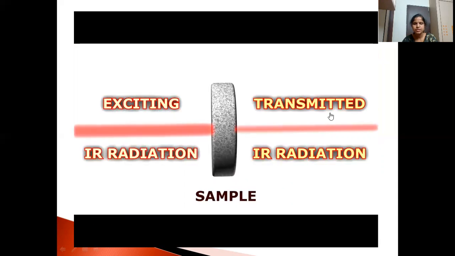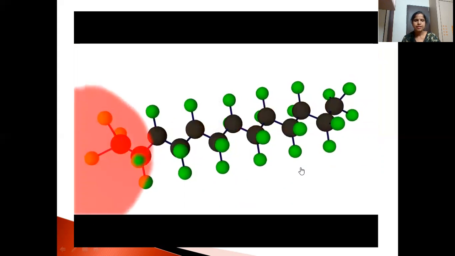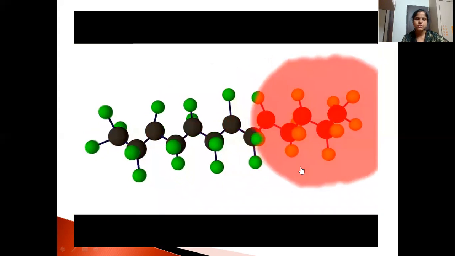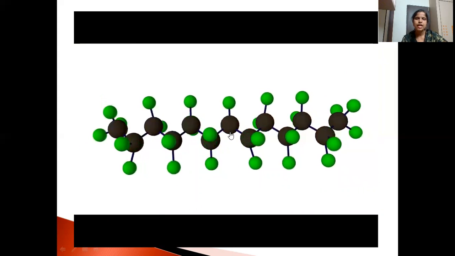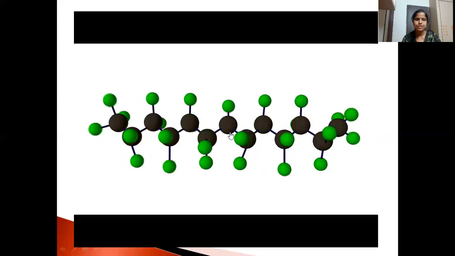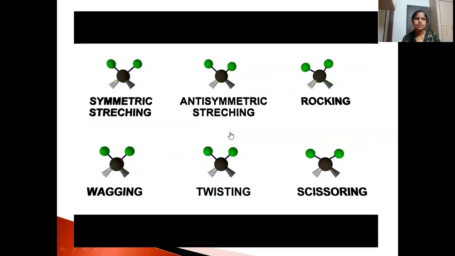When the frequency of the IR radiation matches the frequency of the vibrations of the molecules, the amplitude increases. Because of that increase in amplitude of vibration, the spectrum is recorded.